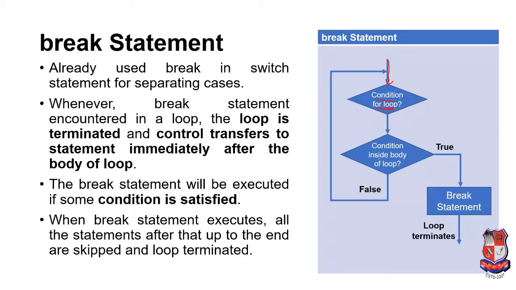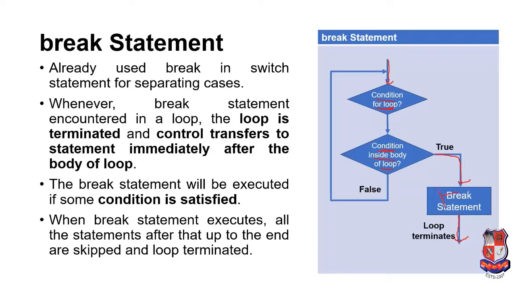Now inside the body of the loop there is a condition, and if this condition is true, then control is given to the break statement, and if the break statement is executed, the loop will terminate. Here the loop is terminated and control transfers to the statement immediately after the body of the loop.